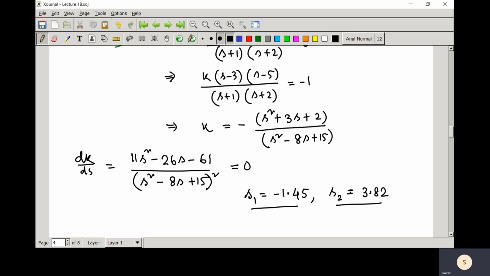If both belong to the root locus, then one of them would be the breakaway point and the other would be the break-in point, or they may both be breakaway points. That we need to check from the root locus.